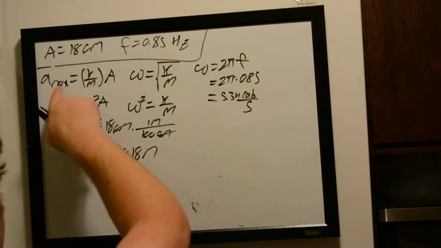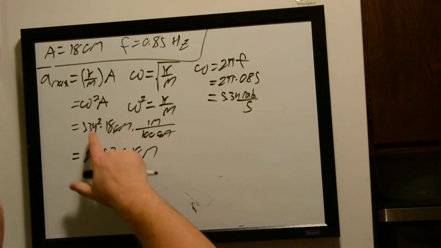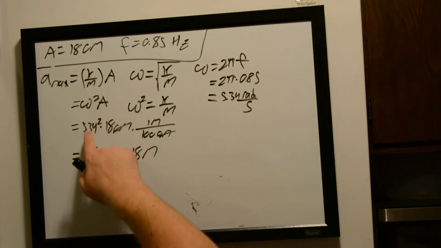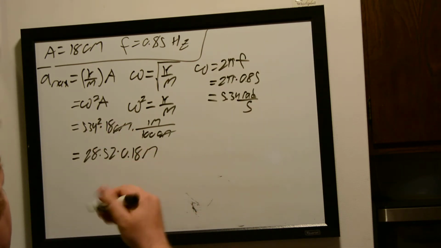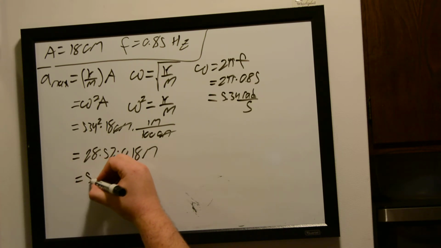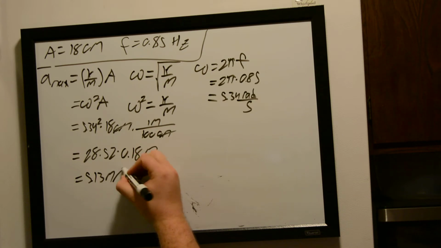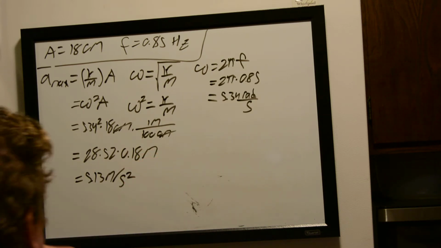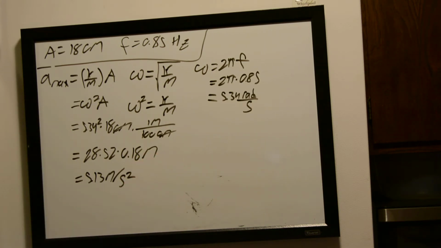Excuse me, this is acceleration, and because we've got our angular velocity squared here, it's going to be per second squared. So we have 5.13 meters per second squared as the maximum acceleration that can be achieved by these pom-poms.